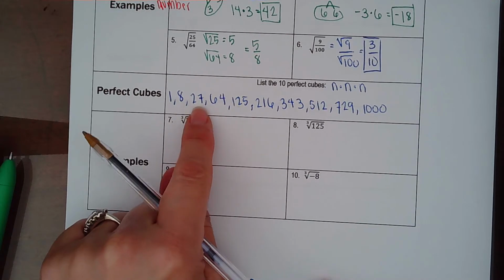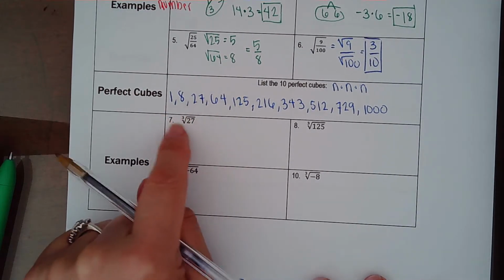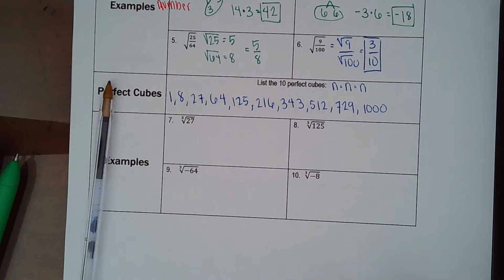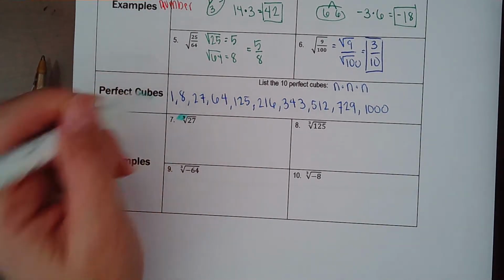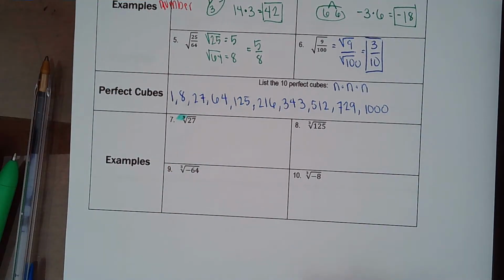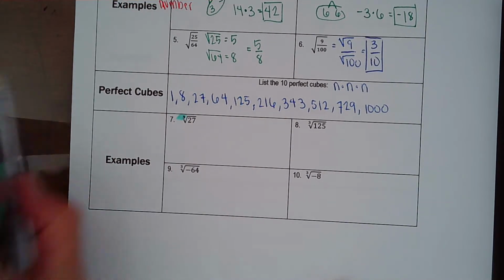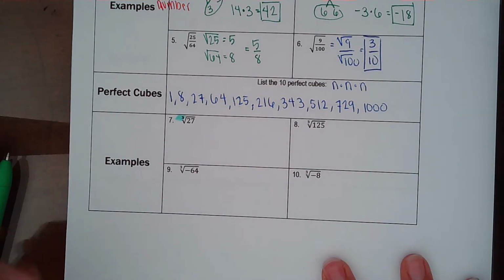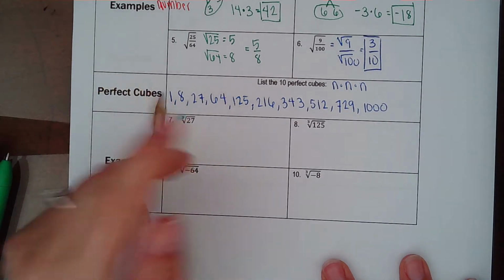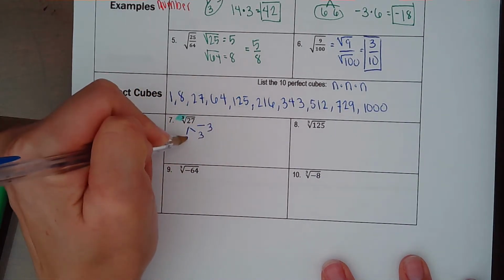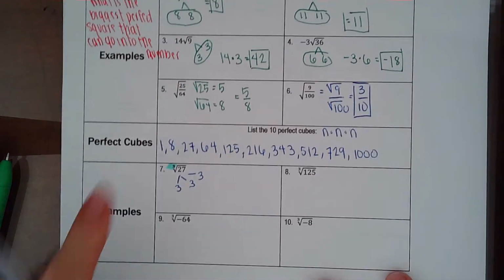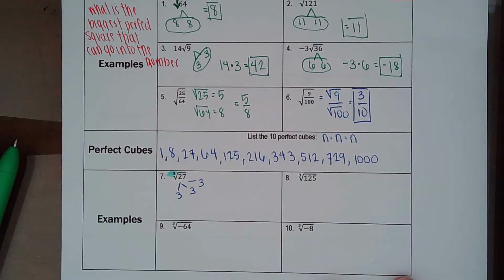Okay, so if we look up here, we see that we're now taking the cube root of things, right? Unfortunately, right here, this is to the cube root, and we know that 27's a perfect cube, and that it's actually 3 times 3 times 3. Remember when we were squaring how we needed a pair to come out of the radical?